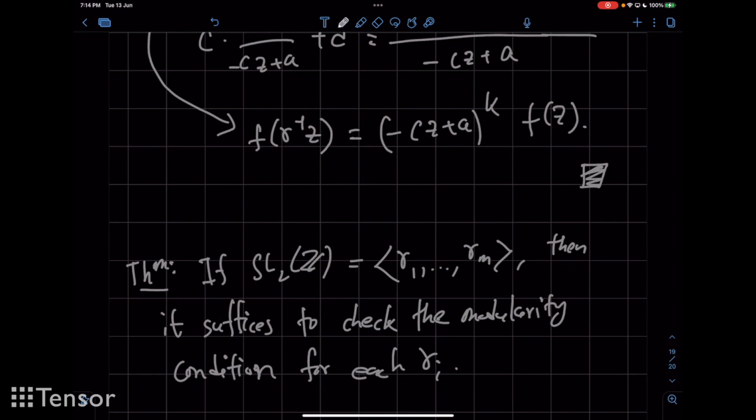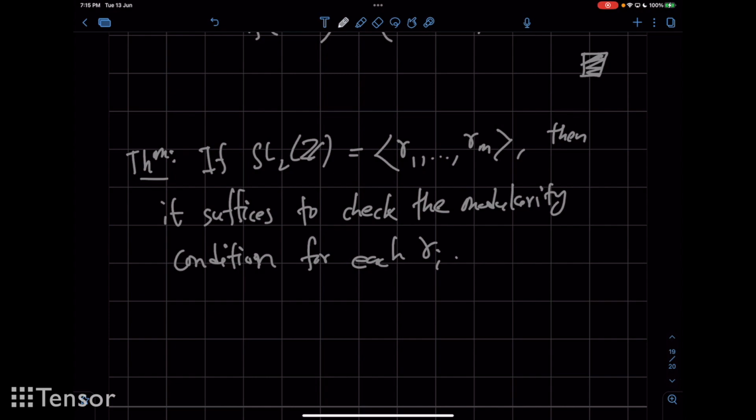So we haven't proved that SL2Z is generated by only two elements, but we have already given it as a spoiler, but we have to prove it, right? And this theorem is clear to everyone, right? Because if SL2Z is generated by these matrices, then if I take a matrix from SL2Z, that matrix can be written as a finite string, and all the characters of the string are gamma i or gamma i inverse.